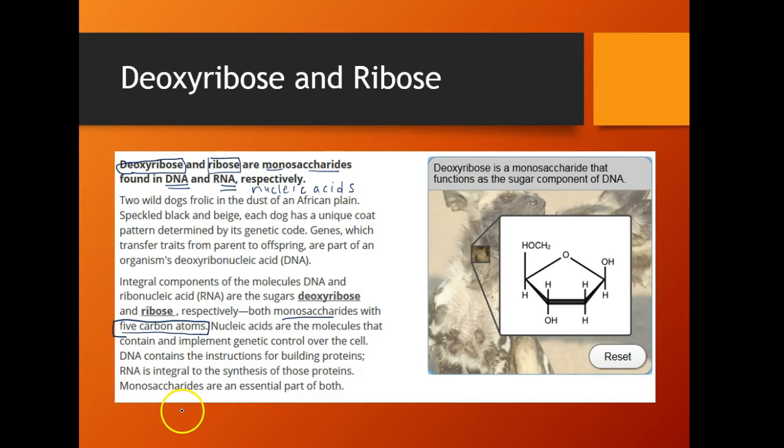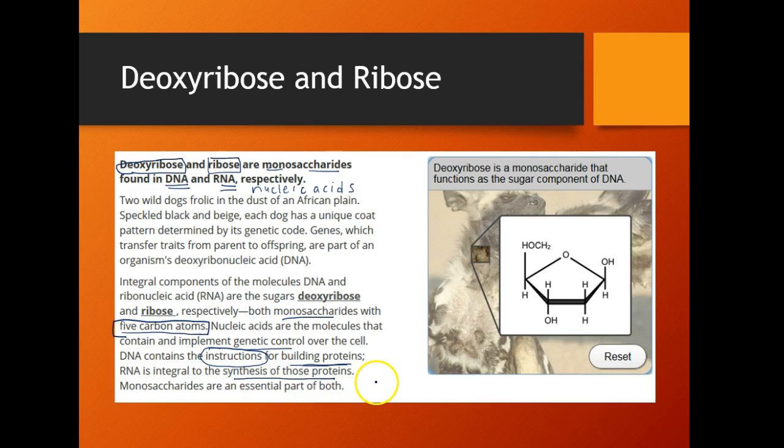Nucleic acids are the molecules that contain and implement genetic control because they make up DNA and RNA. DNA contains instructions for building proteins, that's obviously very important, and RNA is really important in making the proteins. So DNA has the instructions, RNA is what we use to actually make these proteins.